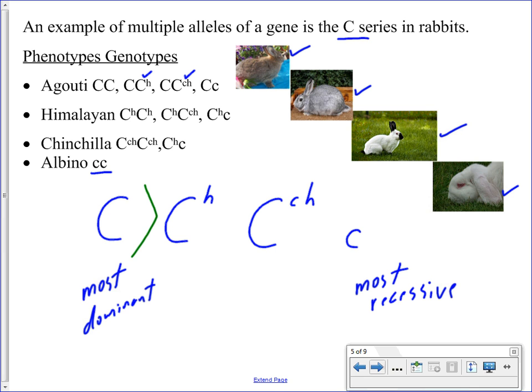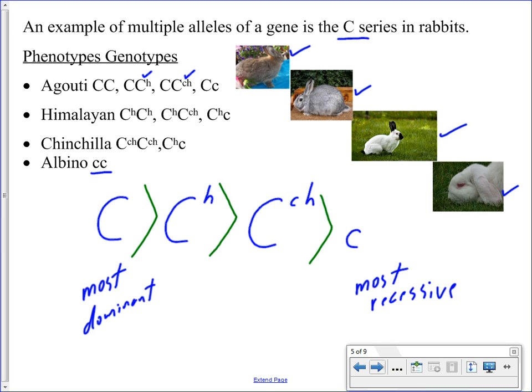So Himalayan is dominant over the two remaining ones. And what fits in between the Himalayan and the albino is the chinchilla. This is what is referred to as a dominance hierarchy. So we have one single gene for the coat color in the rabbits, but we have various different possibilities because each parent will only pass on two copies of these alleles.